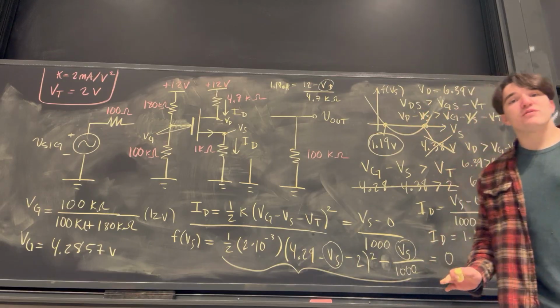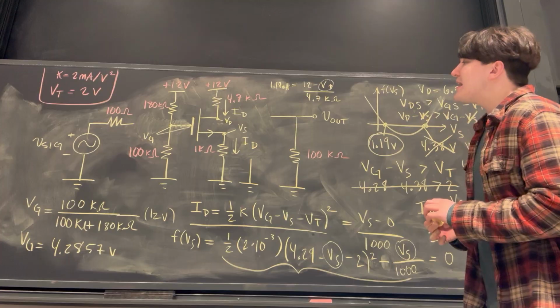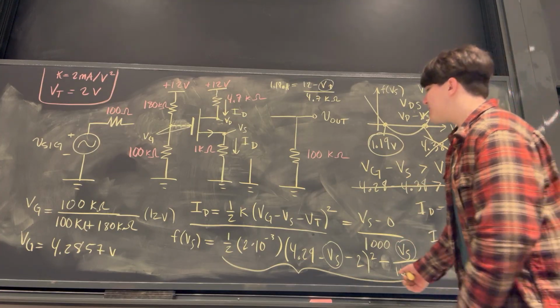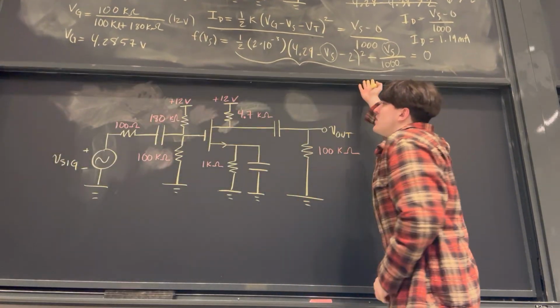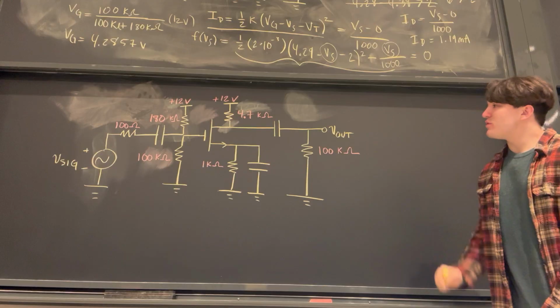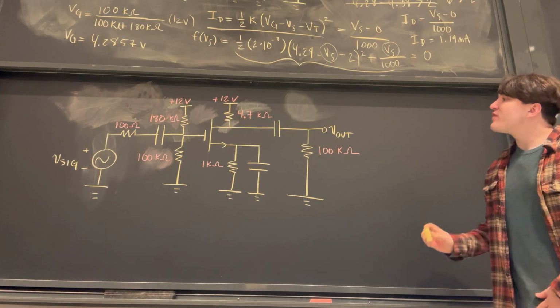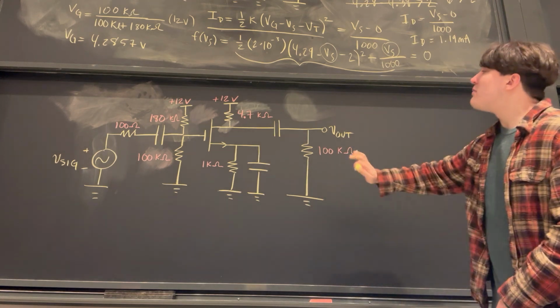Perfect. Now let's move on to the AC analysis of this circuit, which is going to be a little bit more in-depth. The AC analysis of this circuit is going to entail re-looking at the same circuit in a slightly different way. Before we do that, we first need to calculate the transconductance of this MOSFET here.